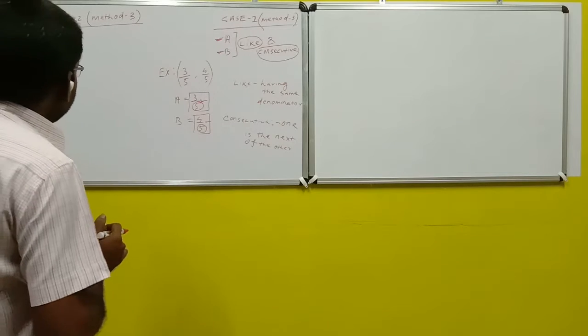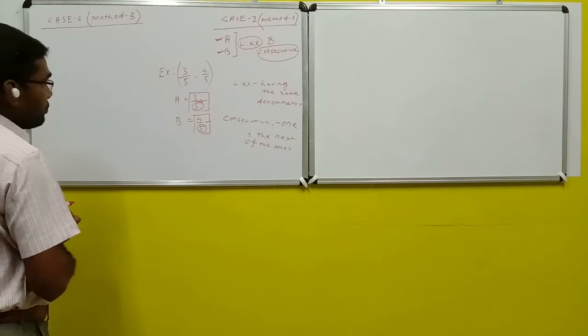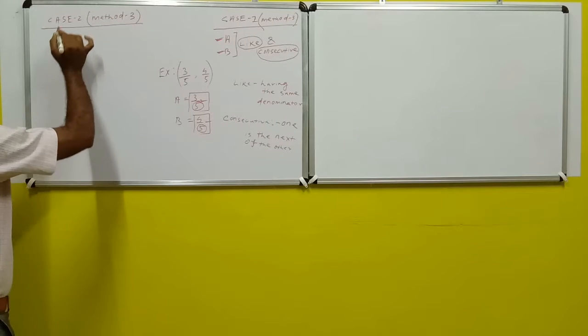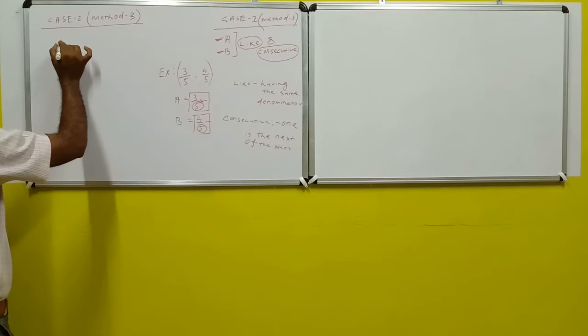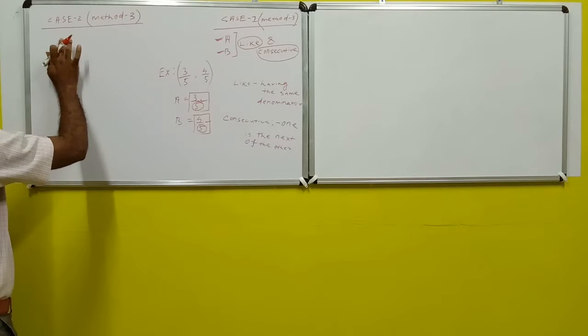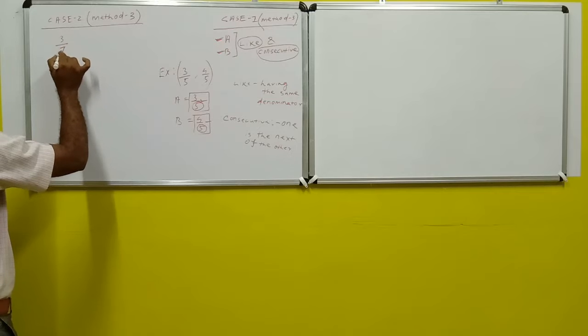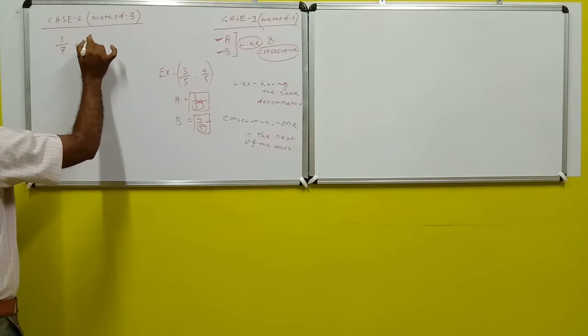But in case 2, your given rational numbers, suppose 3 by 7 and 5 by 7.